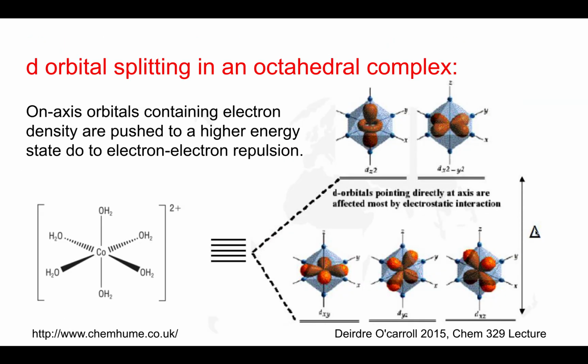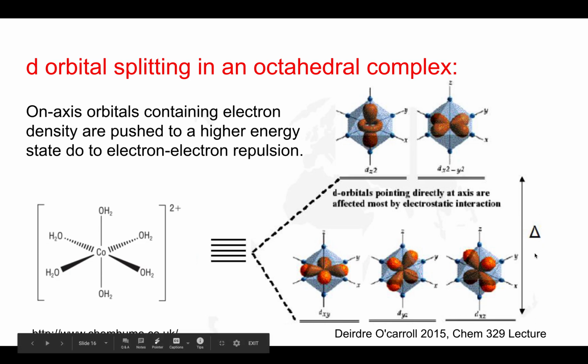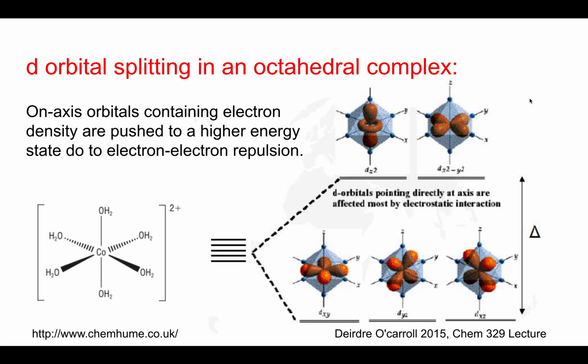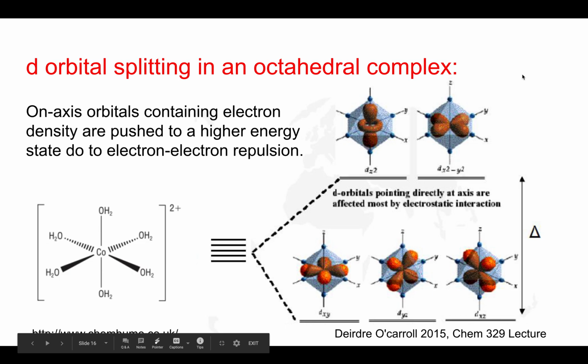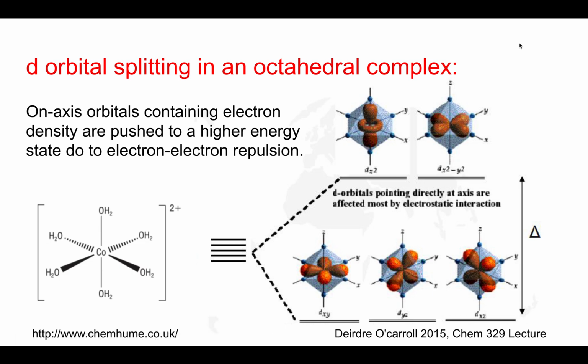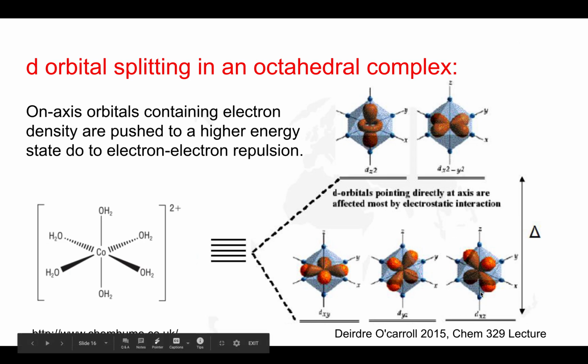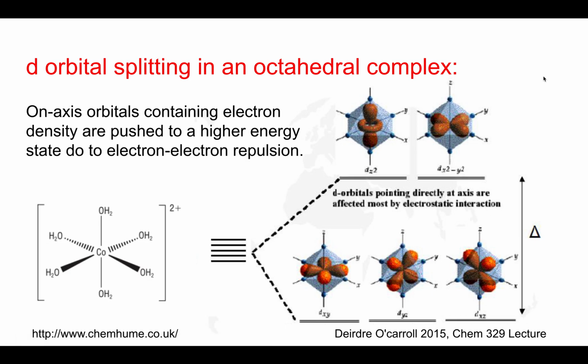Here, I talked about water being a weak field ligand, or at least not very strong. But if I have CN minus, that would be a strong field ligand, so that would create a large gap here. If we had a CN minus or some other strong field ligand with a large gap, and maybe we had a d6 iron complex, then we would go 1, 2, 3, 4, 5, 6, and all the electrons would be paired. So in that interesting iron sample I showed you on the experiment, let's take a quick look.